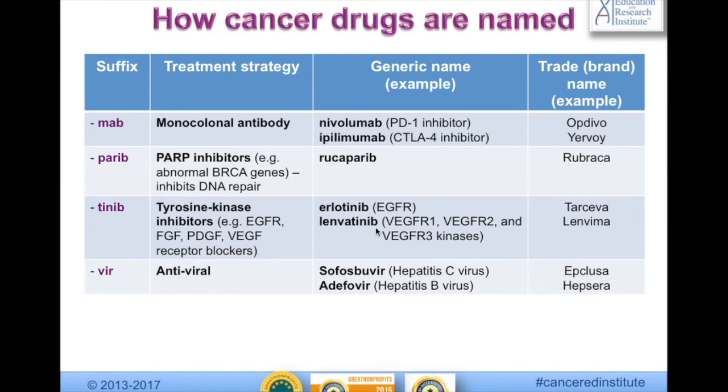Another example of such tyrosine kinase inhibitors is lenvatinib, which is directed against VEGFR1, VEGFR2, VEGFR3. So there are 3 growth factor receptors for the protein which is called vascular endothelial growth factor.